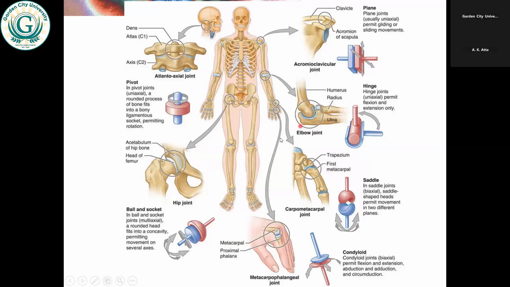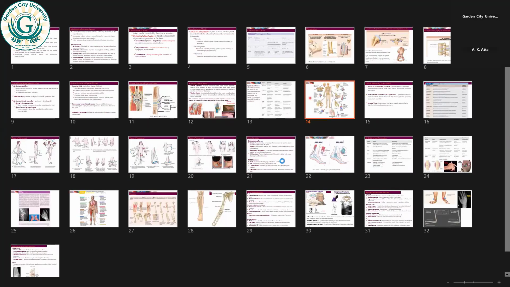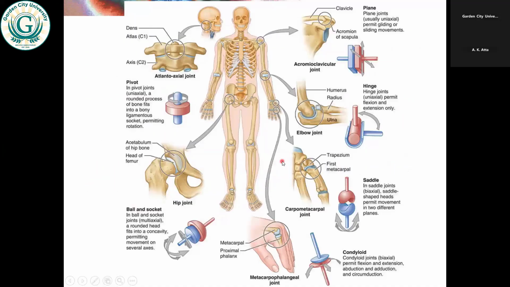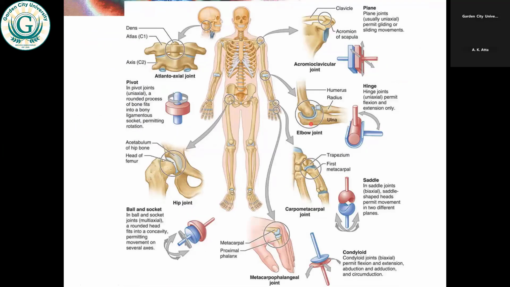Another example of a hinge joint is the knee. The knee too is a modified hinge joint. Then your interphalangeal joints are also a hinge type of joint.